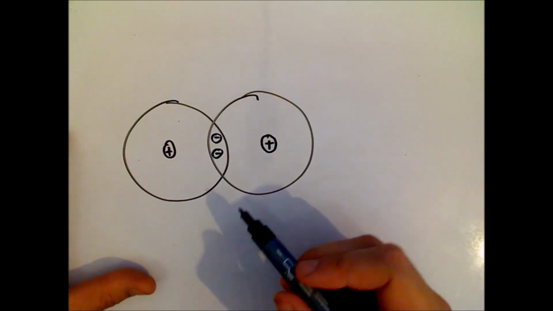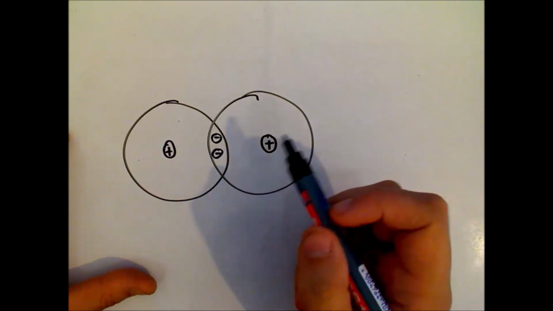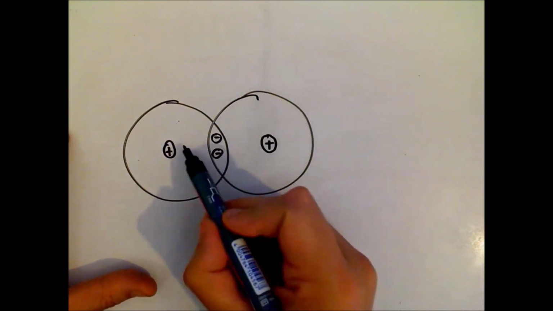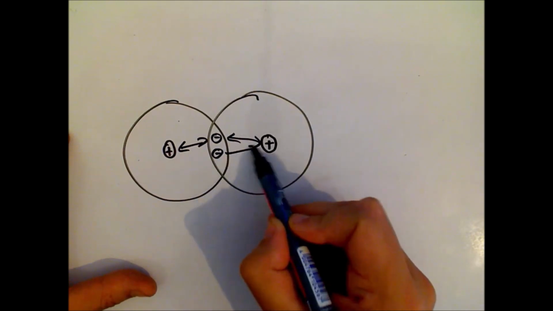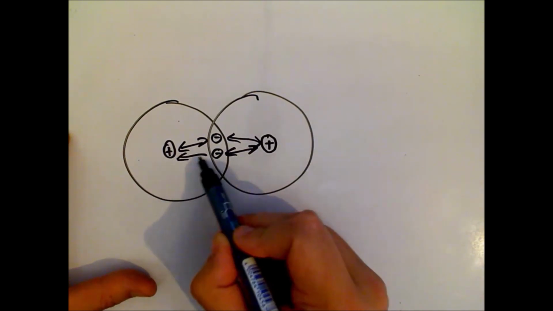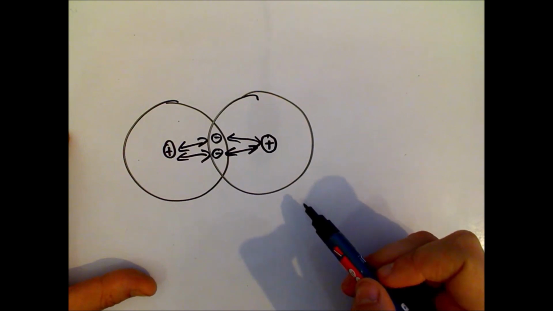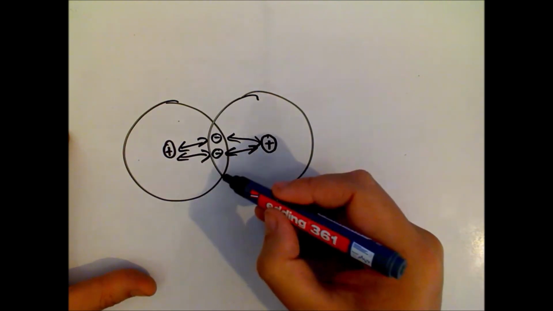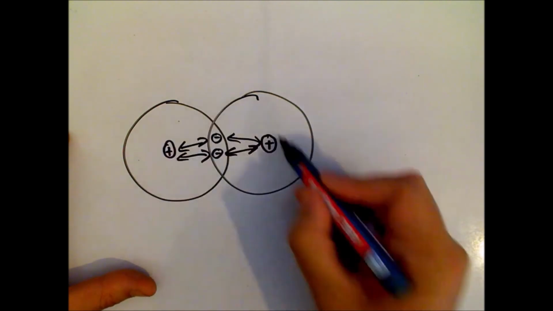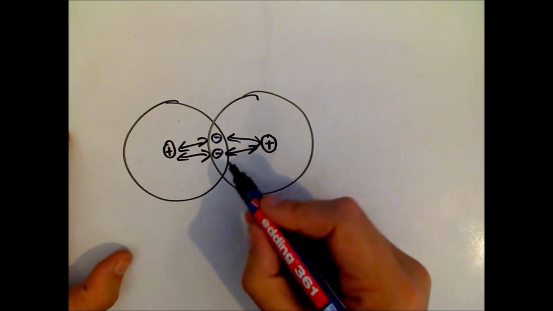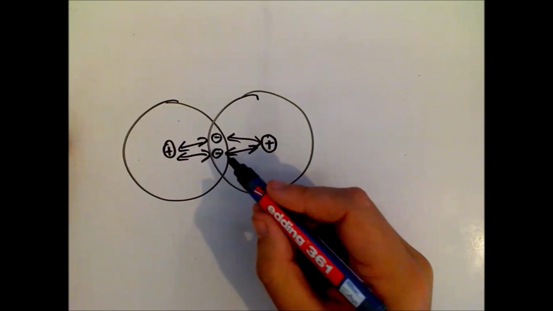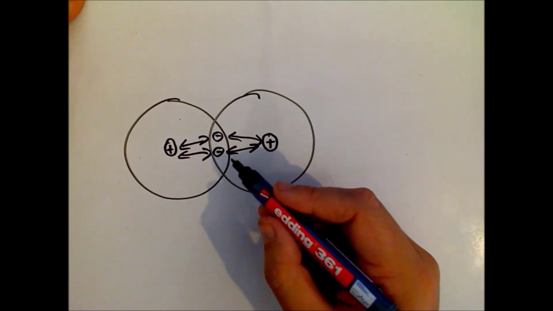So similarly to what we were talking about with the ionic bonding and magnets, the opposites attracting, we have this attraction between the nucleus and those shared electrons, and that is a strong electrostatic attraction. Okay, within that covalently bonded molecule, we've got a really strong electrostatic force of attraction that's holding it together.